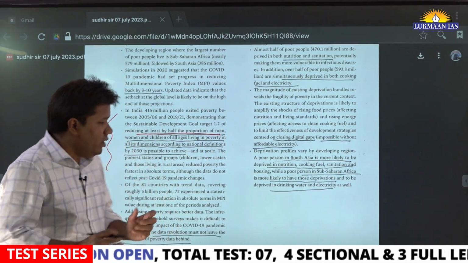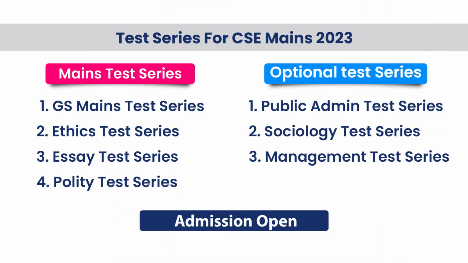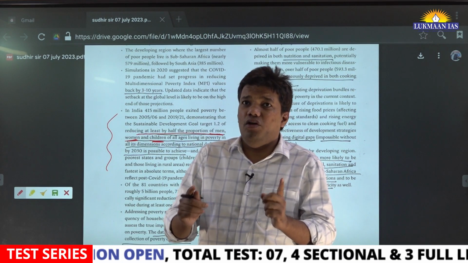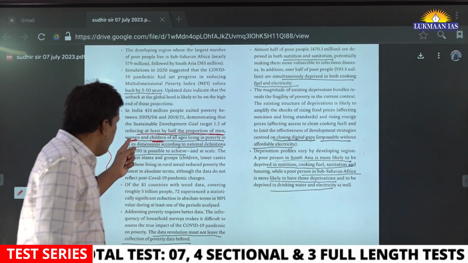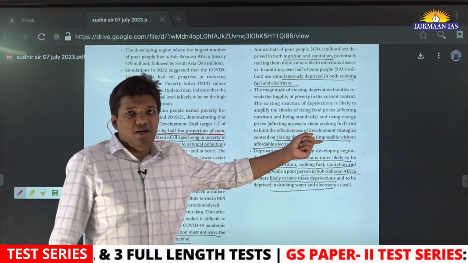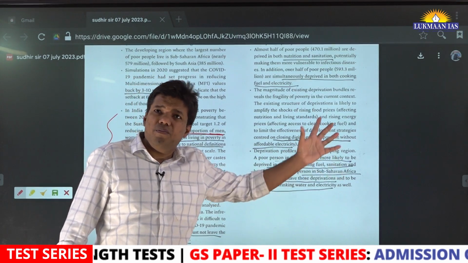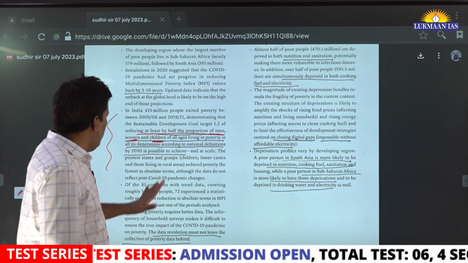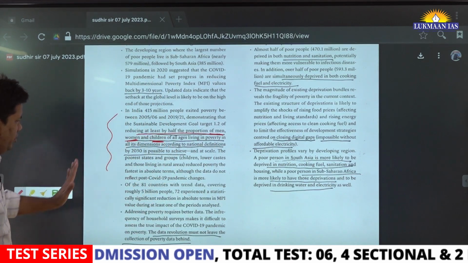This is an important point. It is not reducing poverty just by half, but the proportion of men, women and children as well. Let's say somebody says India has reduced poverty by half till 2030. No, that is not the complete goal. You have to reduce poverty even among women, children and men. And that is going to be difficult because you saw the data: 97 million children are still living in poverty in India. So this is going to be difficult, but yes, more or less India is going to achieve this.